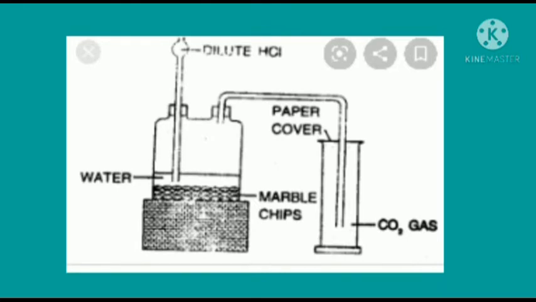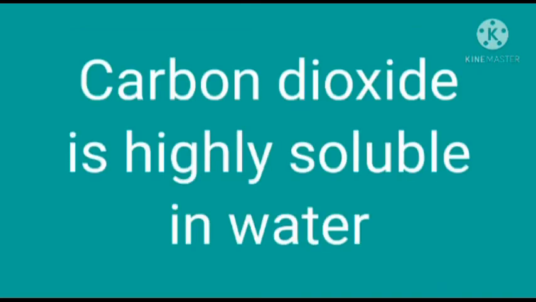Then after that, the gas is allowed to pass through the delivery tube and into a gas jar where it is collected by upward displacement of air. Because carbon dioxide is heavier than air, and carbon dioxide is highly soluble in water, that's why carbon dioxide is not collected over the water. This is the reason for that.